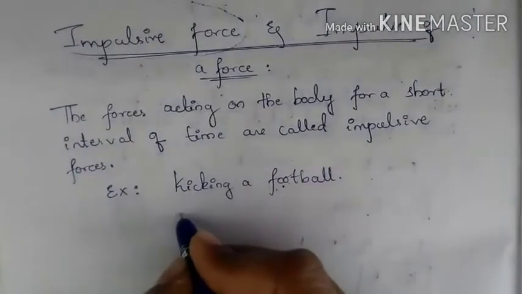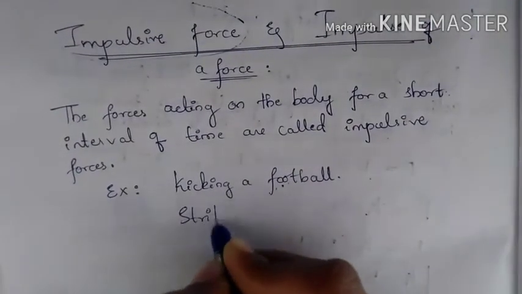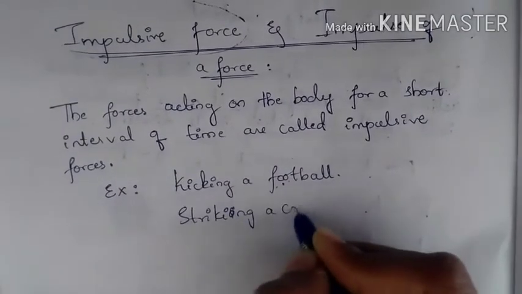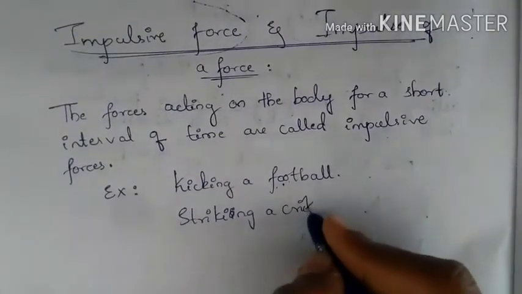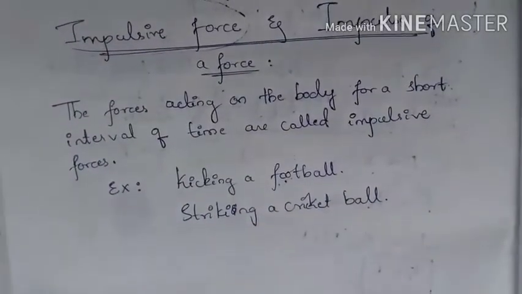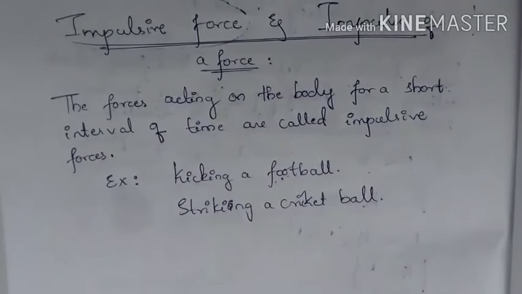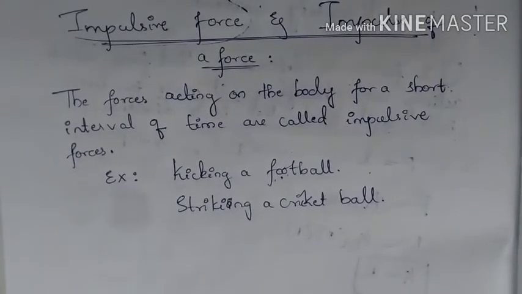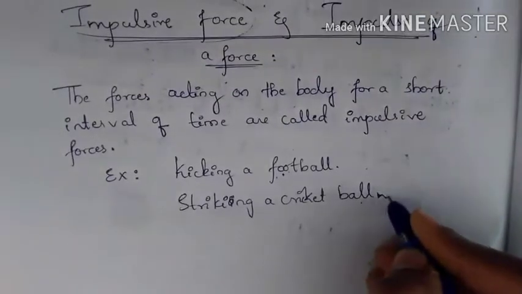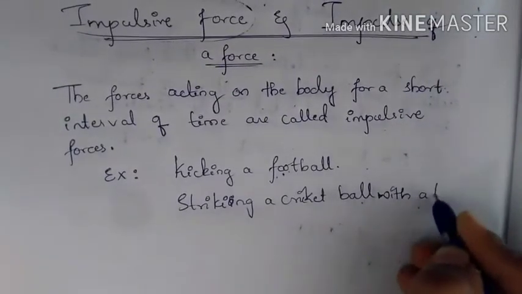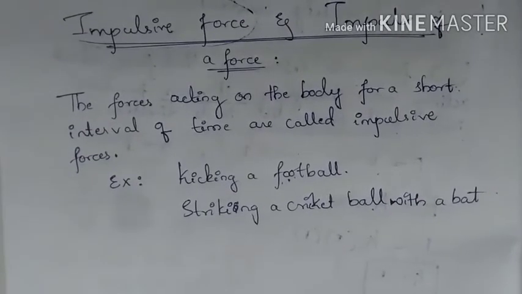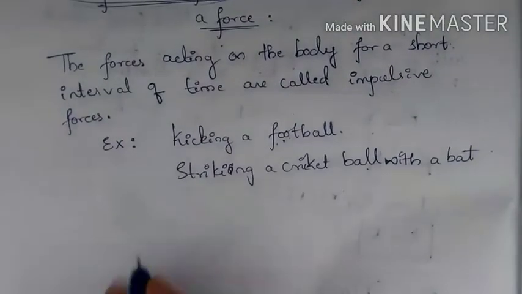The next example would be striking a cricket ball with a bat. If you strike a cricket ball, there will be impulsive force. Next, the blow of a hammer on a nail.